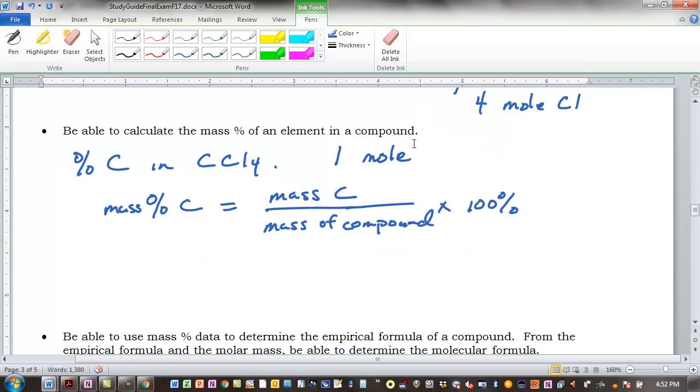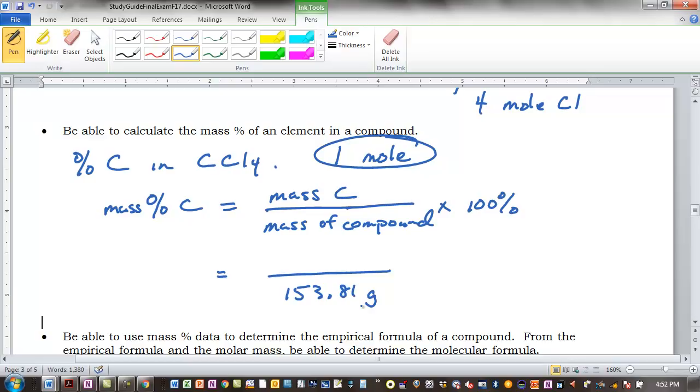The key is, you might as well assume an easy amount of substance, that we have 1 mole of carbon tetrachloride, because then we can calculate the molar mass. So calculating the molar mass, we have 1 carbon at 12.01. We have 4 chlorines at 35.45.